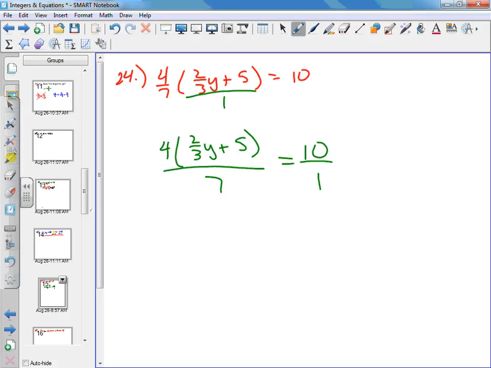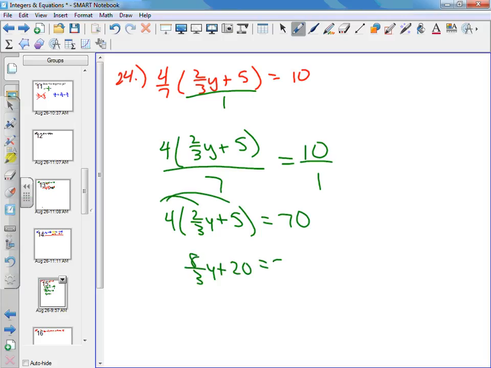Or I could do this, or cross multiply. Because if I cross multiply, I get 4 times 2/3 y plus 5 is equal to 70. Then I can distribute, because it doesn't look as messy now, does it? So if I distribute now, I'm going to have 8/3 y plus 20 is equal to 70.